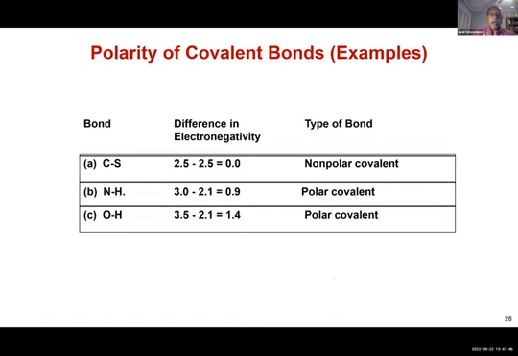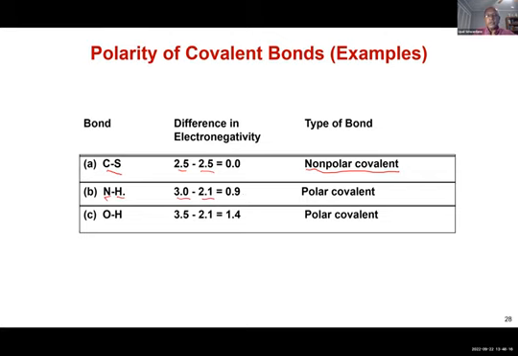So therefore, you can predict the polarity. For example, if you have a question like this, what kind of bond between carbon and sulfur going to be formed? Both have same electronegativity. When you look at the chart, therefore electronegativity difference is 0. Therefore, non-polar covalent bond. In ammonia, nitrogen is 3.0, 2.1 hydrogen.